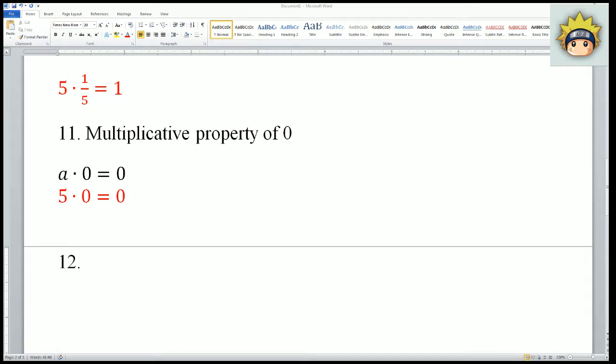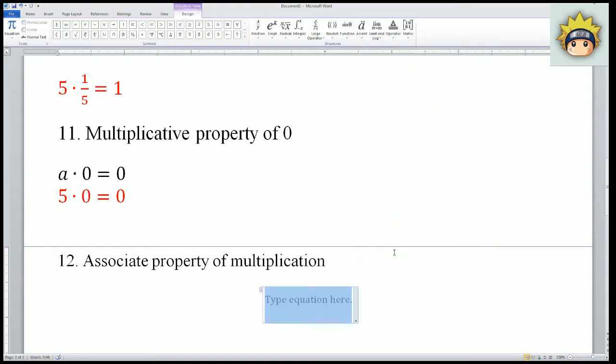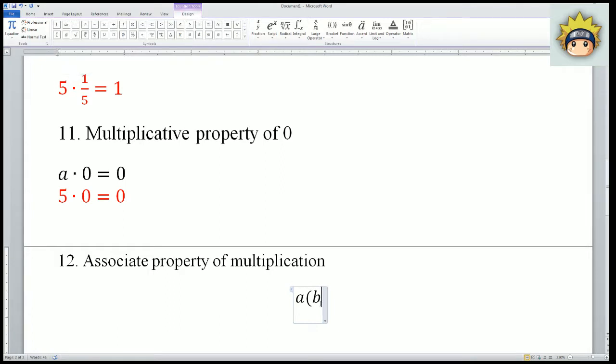Next one is number 12. Associative property of multiplication. Many of you had a difficult time with this property on the quiz, so let's really talk about it. Associative follows this format. A times the parentheses B times C, close the parentheses, is equal to, I can move the parentheses, so it gets A times B, the parentheses, times C. Do you see how the parentheses moved?